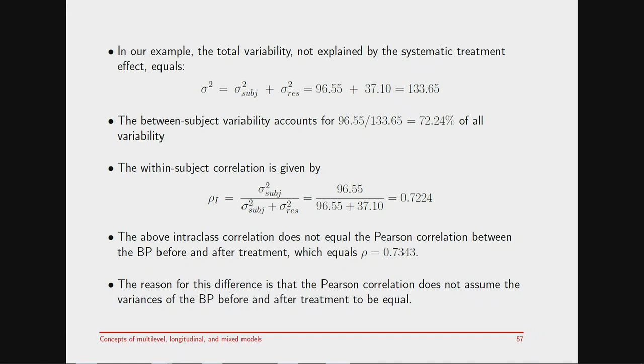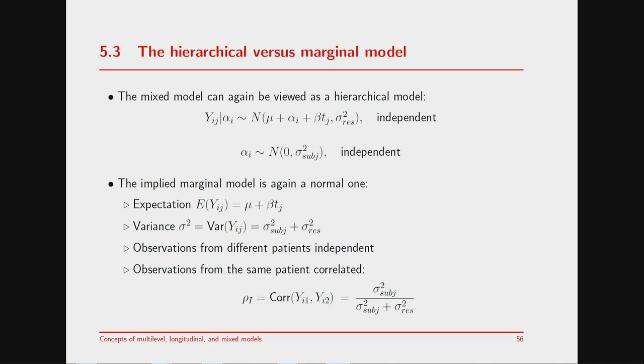So the Pearson correlation coefficient allows the two variables to have a different standard deviation. Our model here does not allow that, because we have calculated that the variance of y is the sum of these two variances, and that's the same for the first measurement as for the second measurement. So our model implicitly assumes that the variability for the first measurement is the same as the variability for the second measurement.